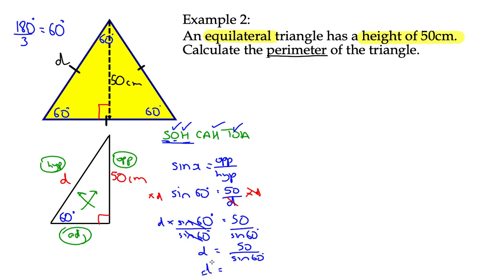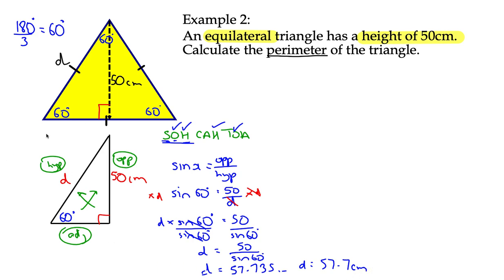Oh no, it's 50 divided by the sine of 60. Sine of 60 is 57.735, which is 57.7. We'll just use 57.7 centimeters.